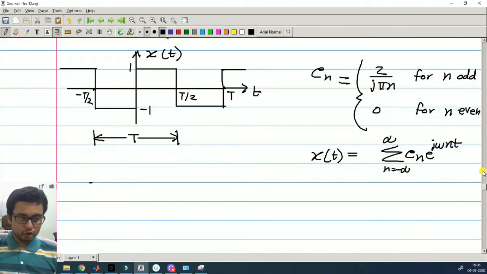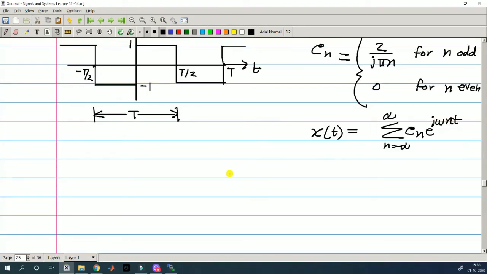Now, so we can write C0 is equal to 0, then C1 is equal to 2 by j pi 1, C2 will be 0, C3 will be 2 by j pi 3, C4 will be 0, all even coefficients are 0, and C5 is 2 by j 5 pi.